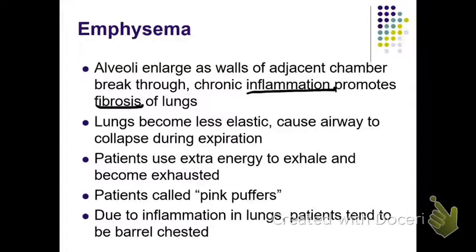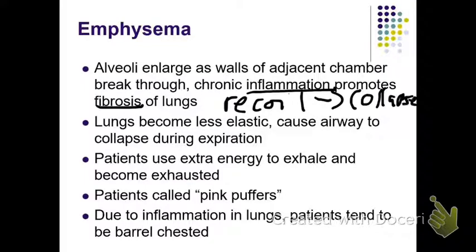So the lungs are not able to recoil as much as they would, which would then lead to collapse, especially during expiration. The patients have to forcibly exhale, which leads to exhaustion because it takes a large amount of energy.